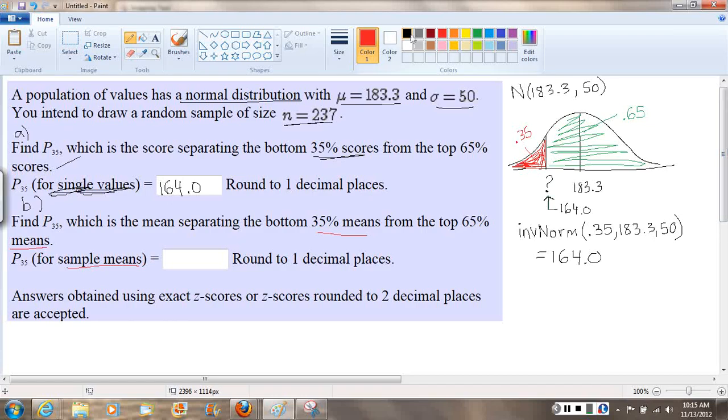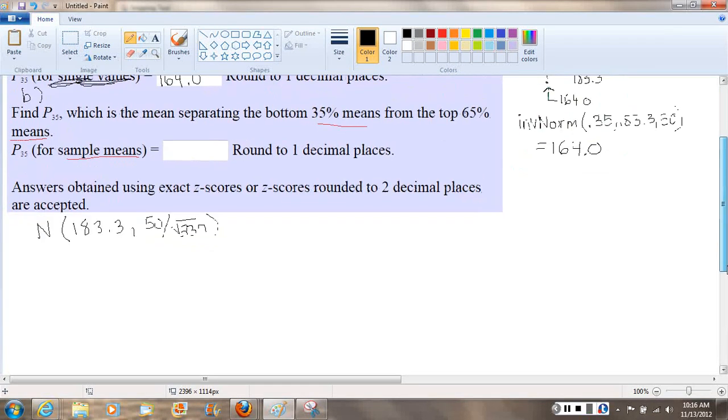So let's draw a sketch here for this situation. Now we're talking about a normal distribution, still with mean 183.3, but our standard deviation is going to be 50 divided by the square root of our sample size, which was 237.